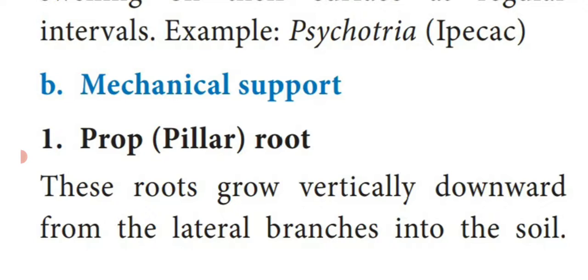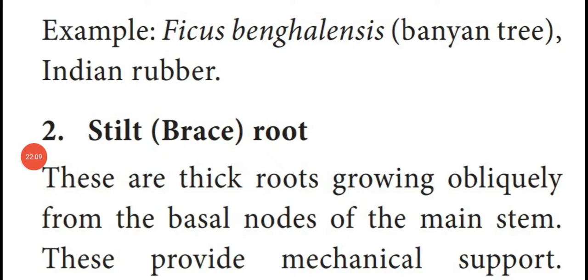See that one. The adventitious roots grow vertically downwards from the lateral branches into the soil. Example, banyan tree. The binomial name is Ficus bengalensis. Another example is the Indian rubber tree.